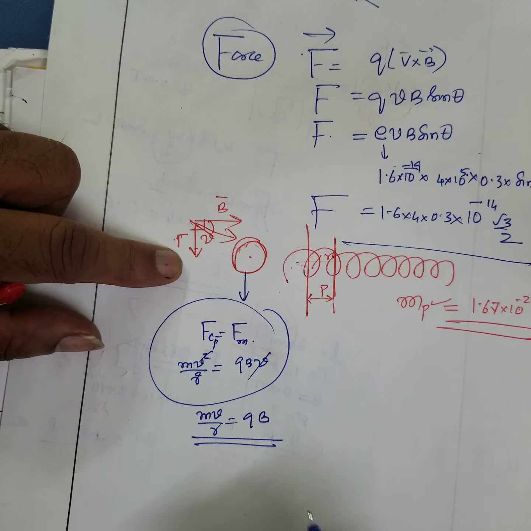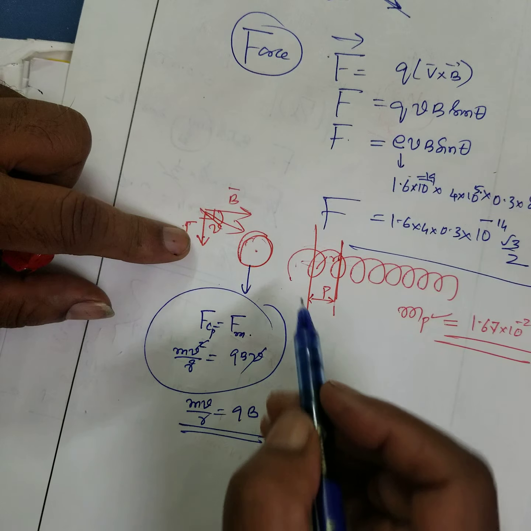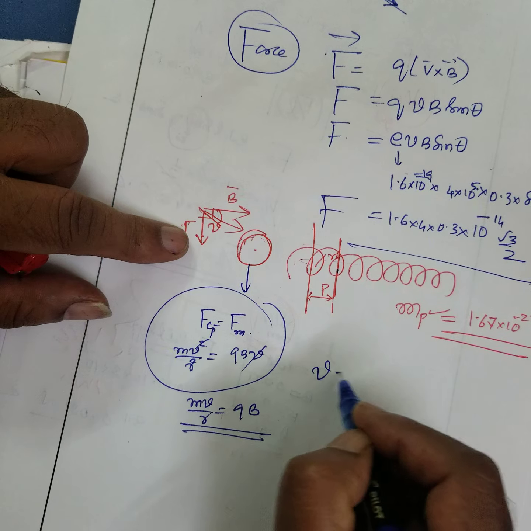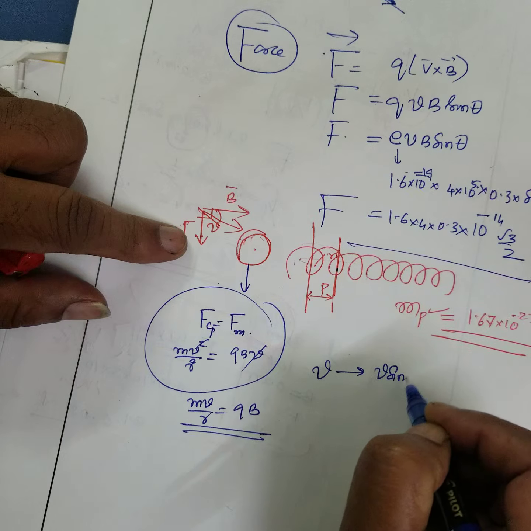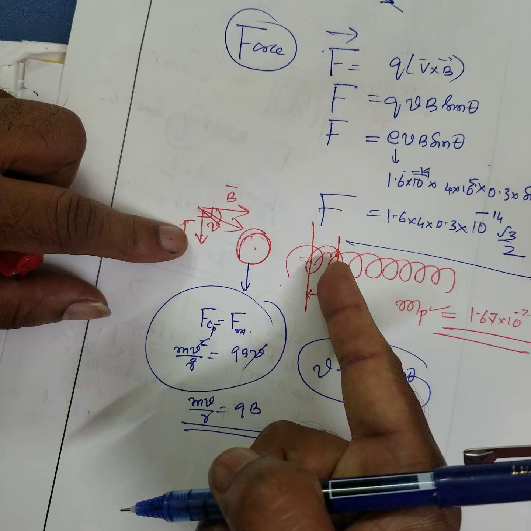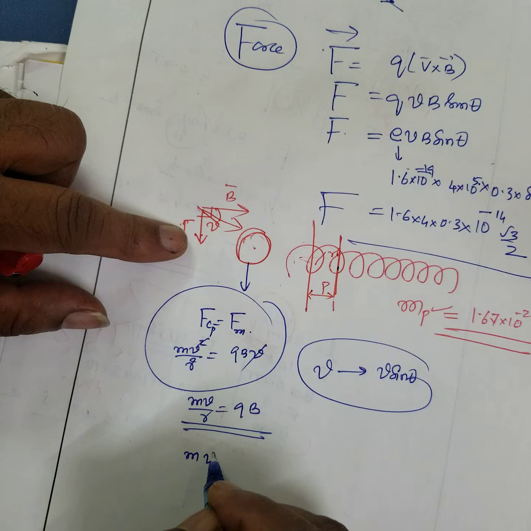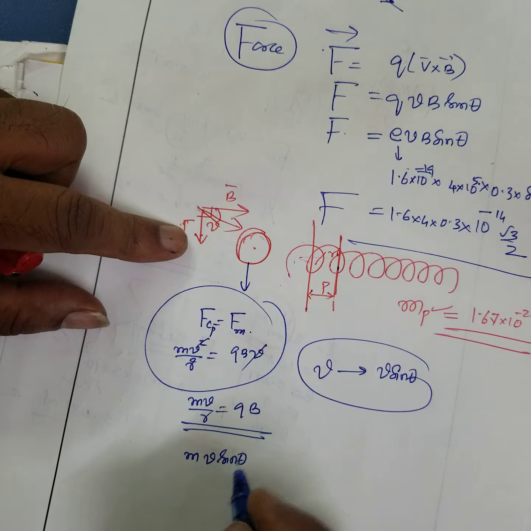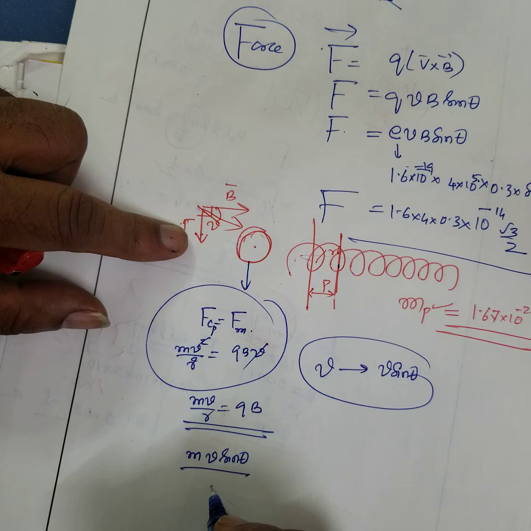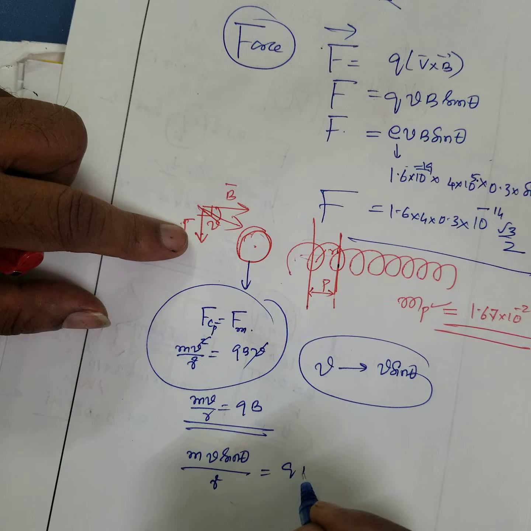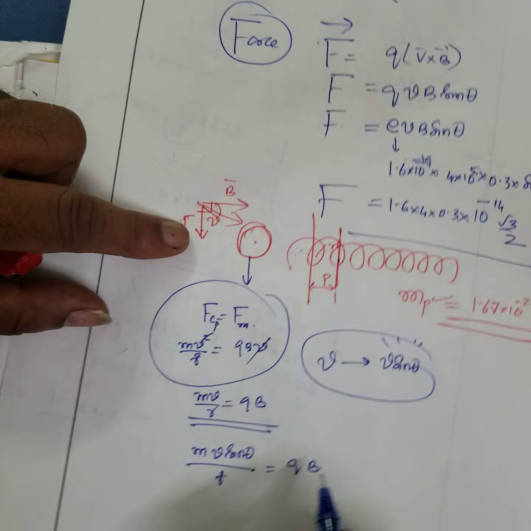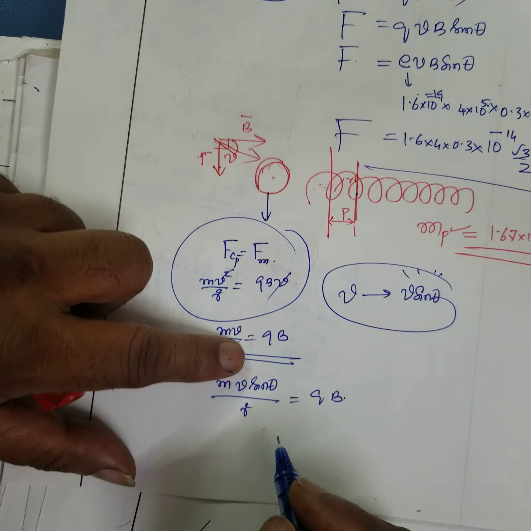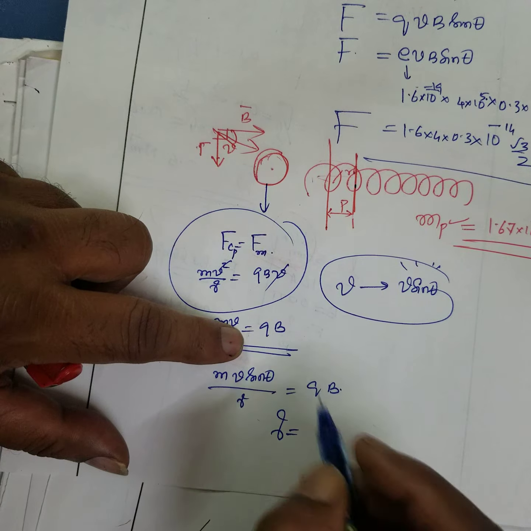This is for a circle. But in this case, V is replaced by V sin theta, if it is not a circle. Therefore, M V sin theta by R is equal to QB. Understood? That's all the difference. Right? Therefore, you can calculate the radius.